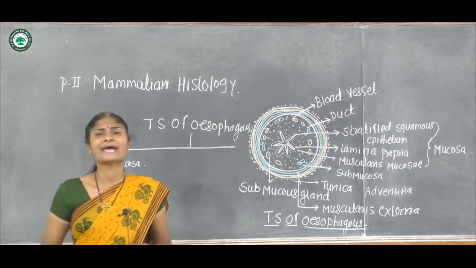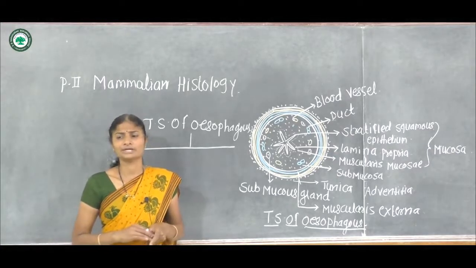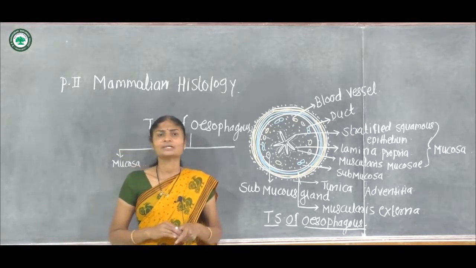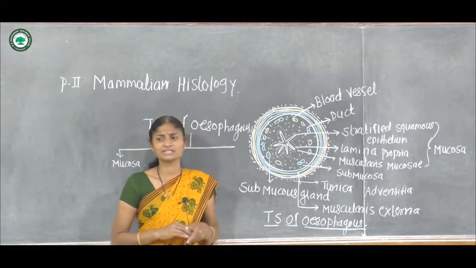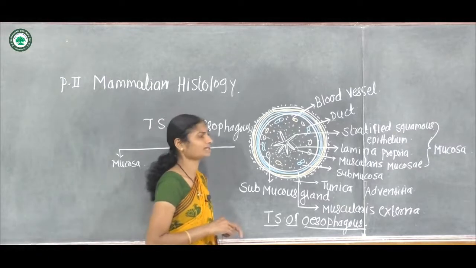In the anterior and posterior region of the esophagus, tubular glands are present in the lamina propria region.